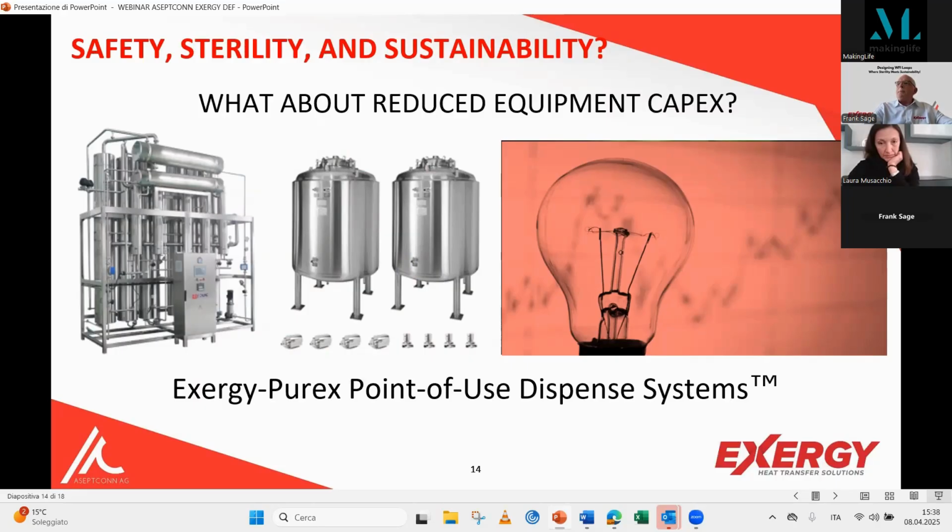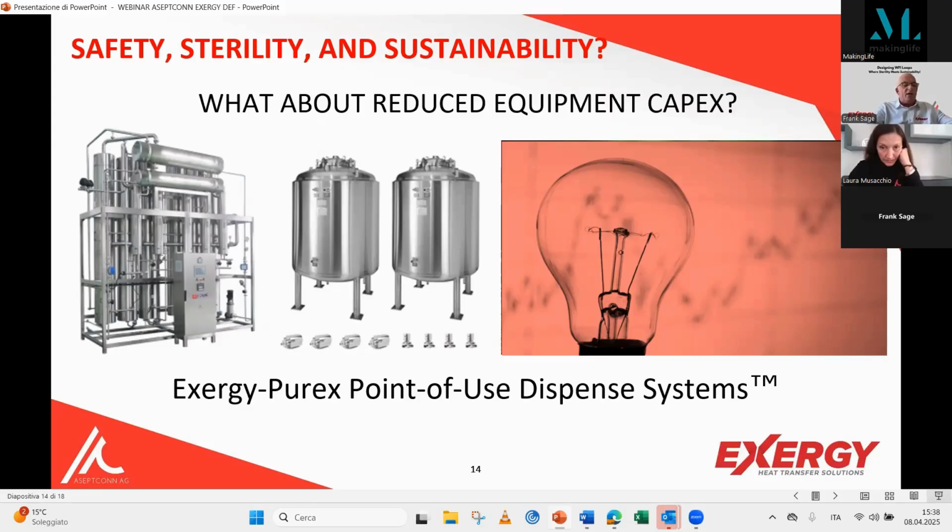Quite often, there's significant overcapacity designed into WFI distribution and dispense to take care of WFI waste, to ensure that WFI is going to be available.